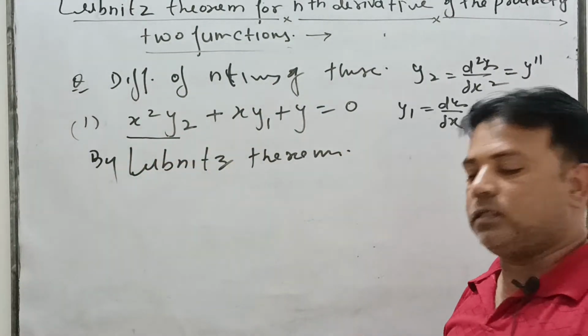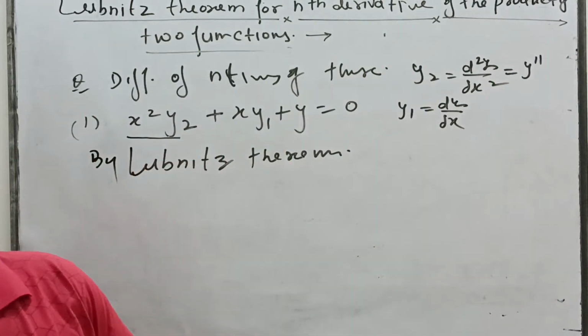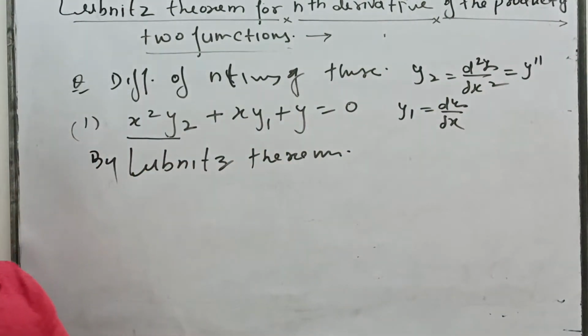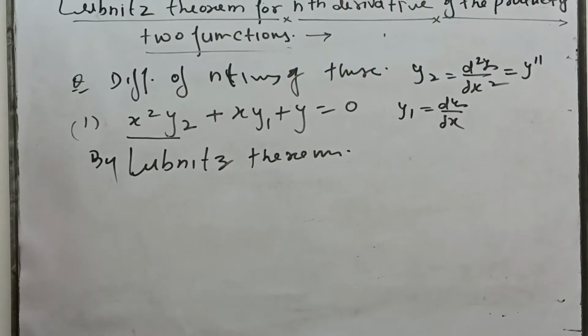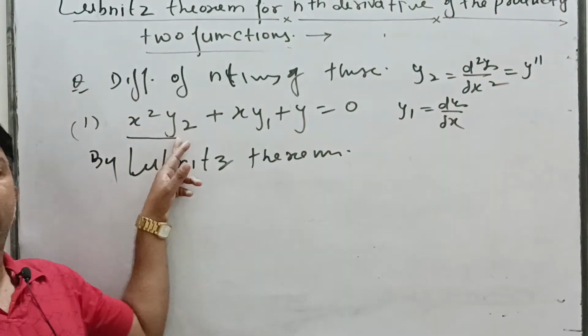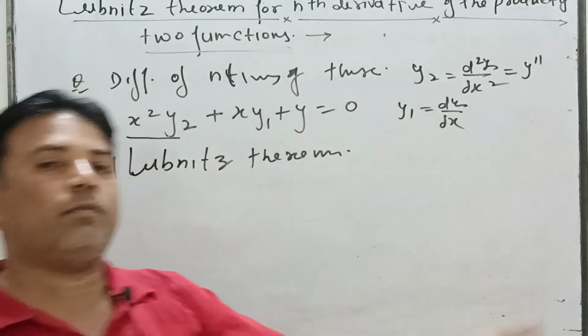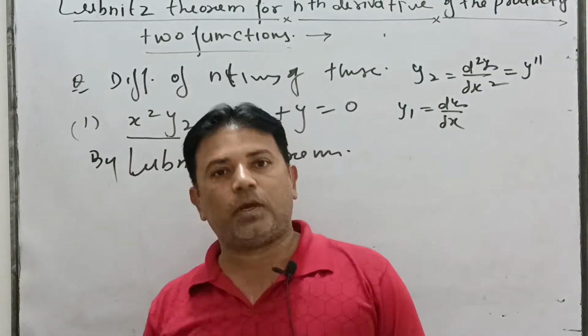For one function we find the nth derivative, but for the other function the derivative after some terms becomes equal to 0. So y2 differentiation converts to y3, then y4, y5, y6, y7.